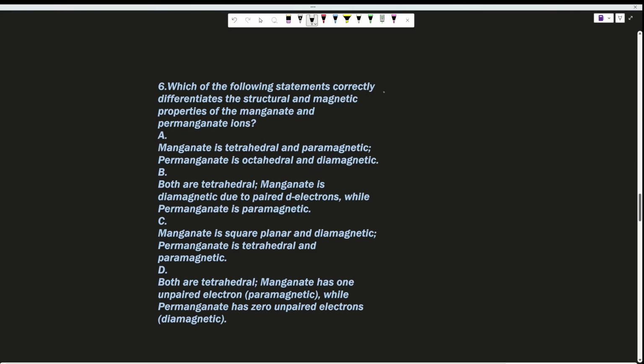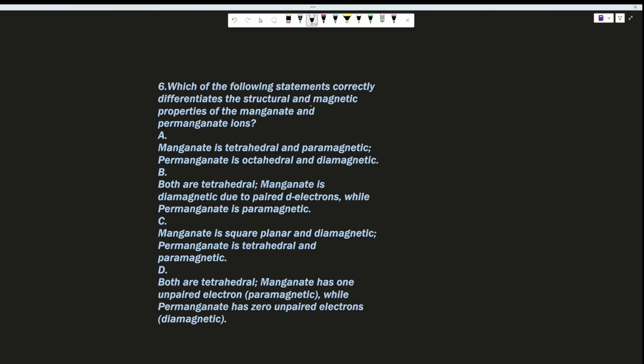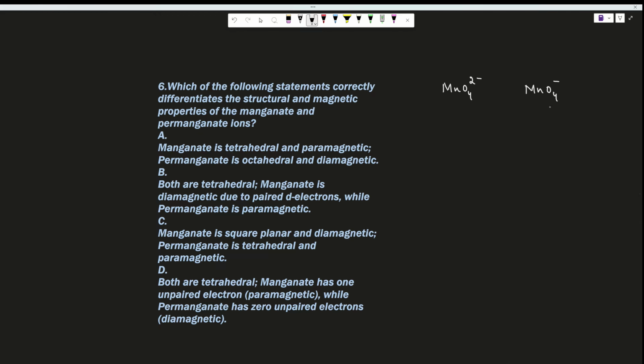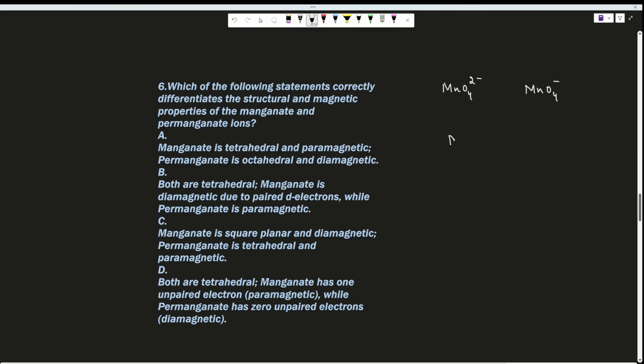Which of the following statements correctly differentiates the structural and magnetic properties of manganate and permanganate ions? So manganate is MnO4 2-, and permanganate is MnO4-, right? So here we need to check for their structure, that is here both are tetrahedral, okay?